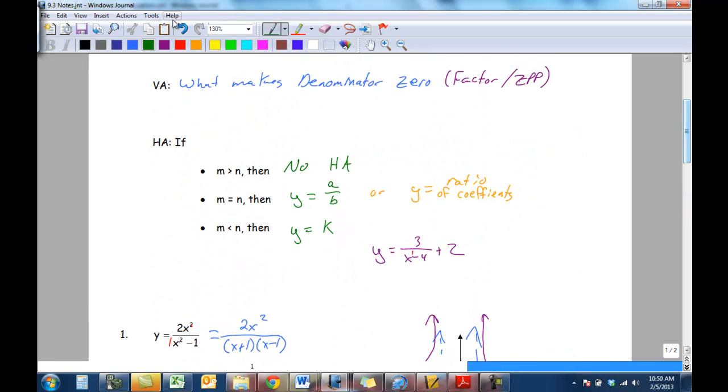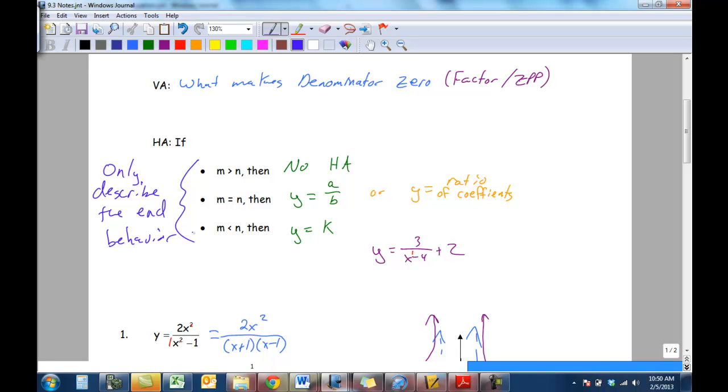And this will come up in your homework, and we'll see a couple of these as we keep going. These rules for the horizontal asymptote only describe the end behavior. And we'll talk more about that.